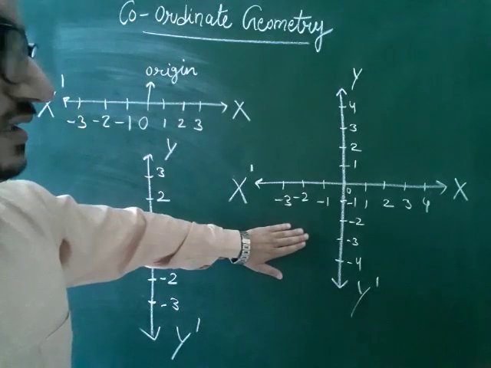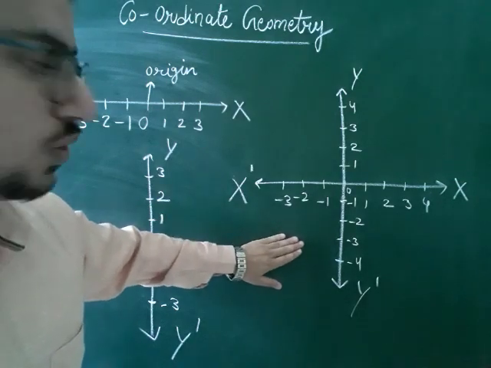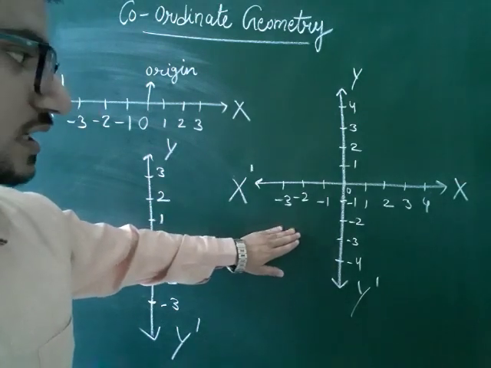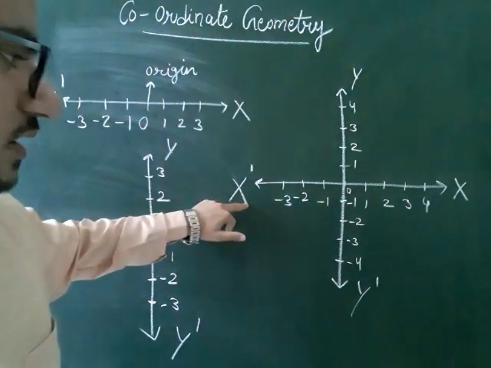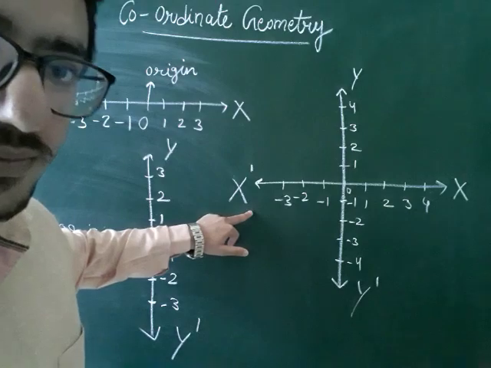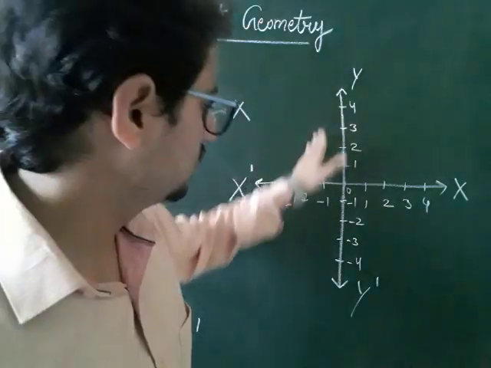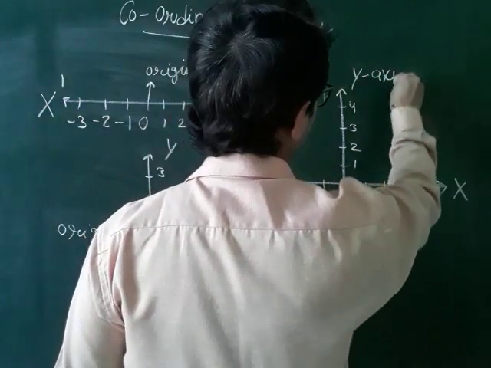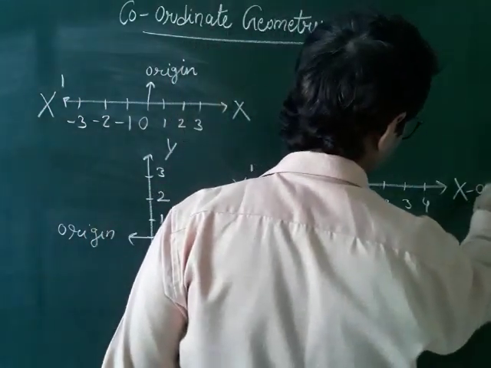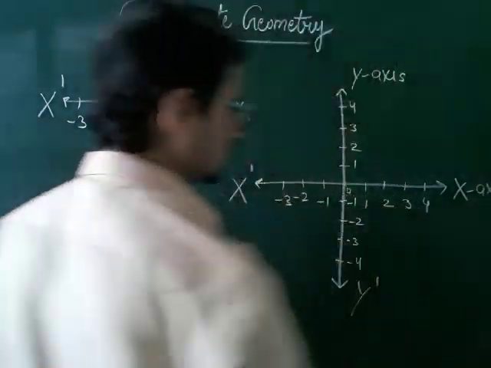Now this is known as your coordinate plane, or we can say simply xy plane, because this horizontal number line is your x axis and this vertical line is your y axis. X axis you can see here.